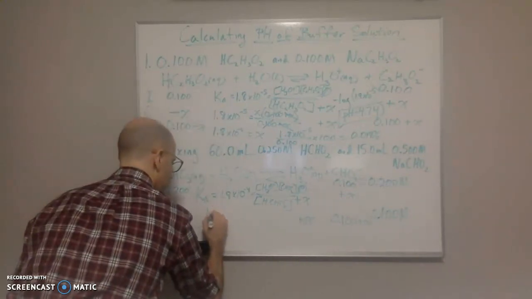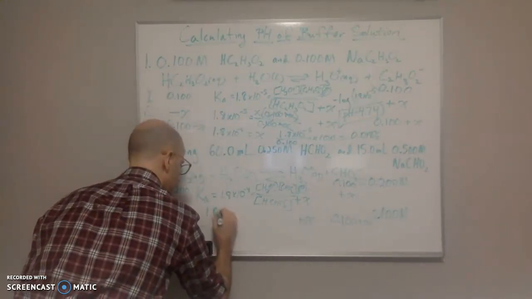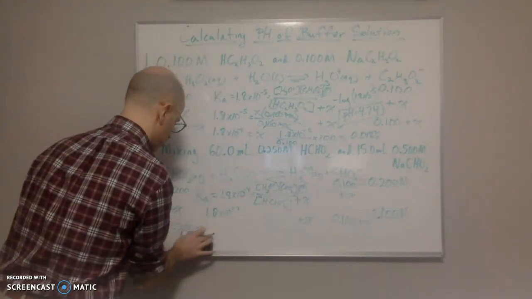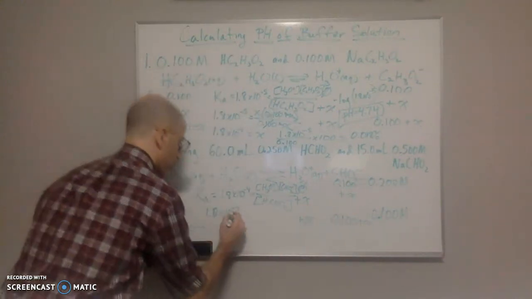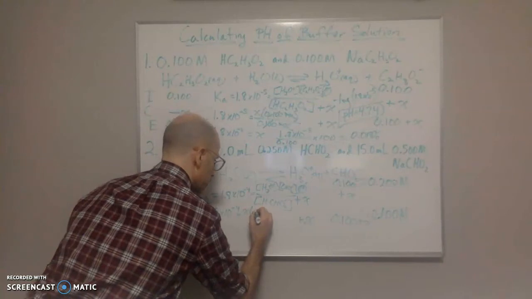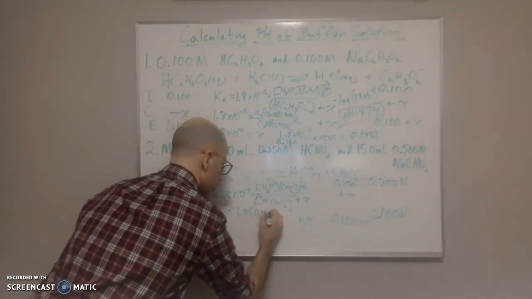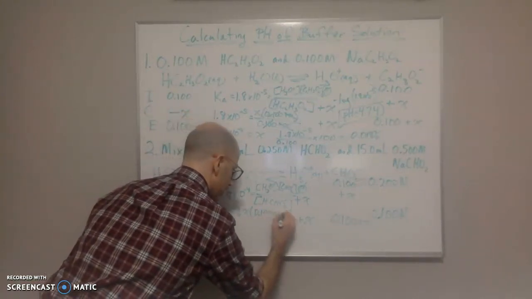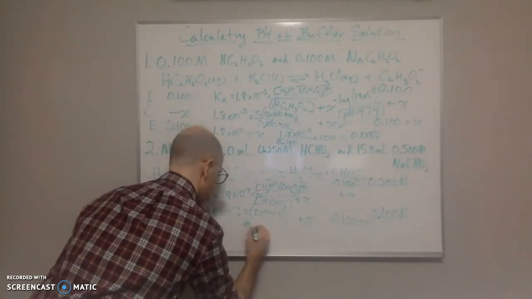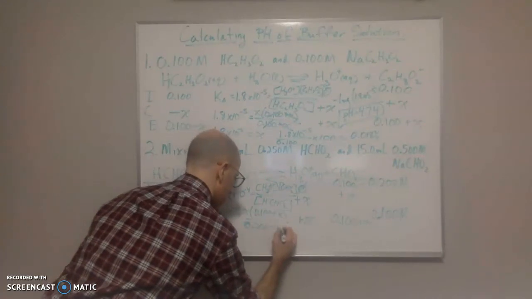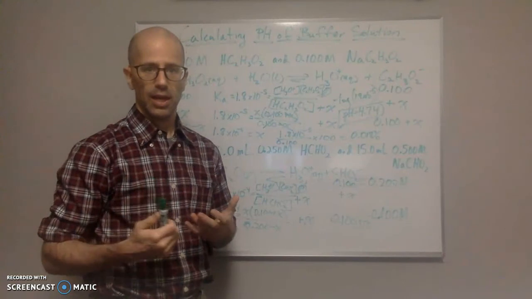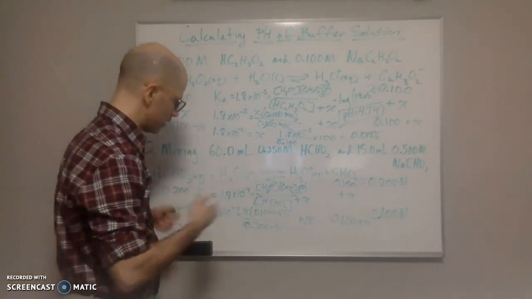And then when you add in 1.8 times 10 to the negative 4, you're going to substitute these values in for here. So that's going to be equal to X times 0.100 plus X over 0.200 minus X. And then again, you could do the X is too small approximation.